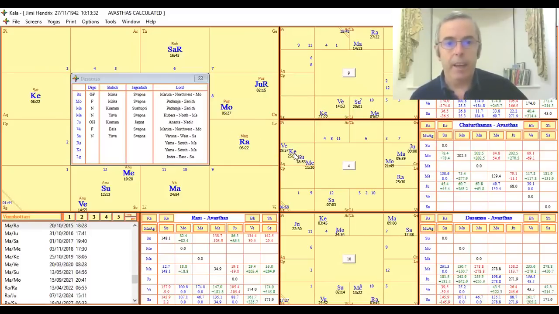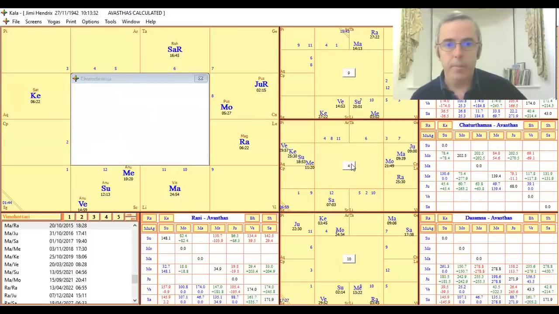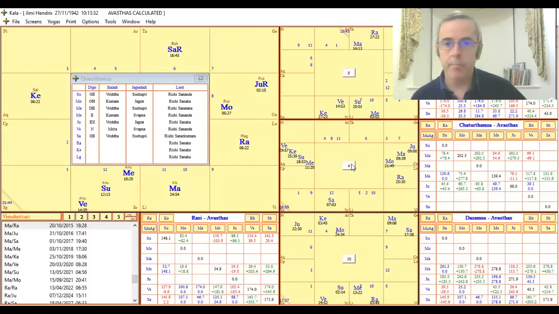So looking at Ketu in the Chaturtamsha, it's in Saturn's sign. And Saturn is in a great enemy sign because it's in Scorpio. So again, that's not a very happy Ketu in terms of fixed assets, things along those lines, fortune, okay? How is the sun?